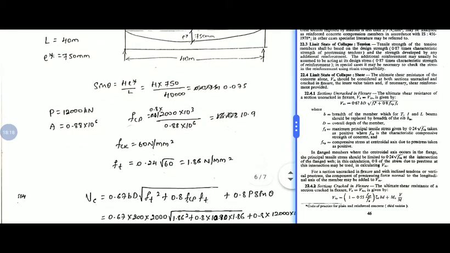FCK is given, FT is 0.24 root FCK, we will have 1.86 Newton per mm square. Since we are using an inclined profile and the loss ratio is given here, you should be aware of that: a loss ratio of 0.8, or if it is given there is a loss of 20% of stress, means you need to consider 80% of stress is there.